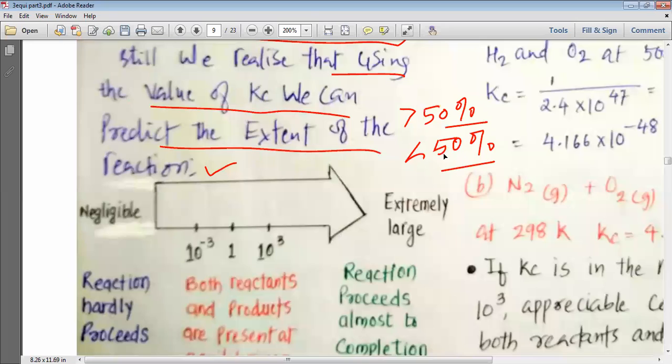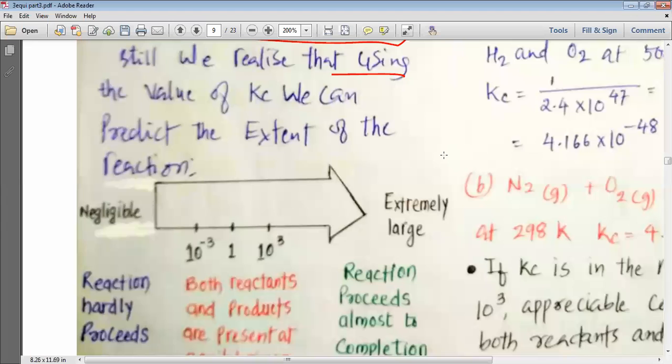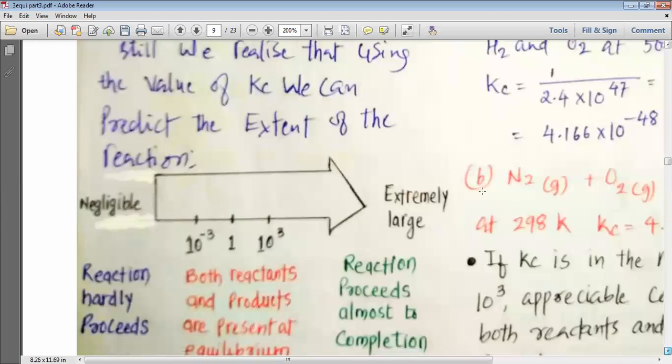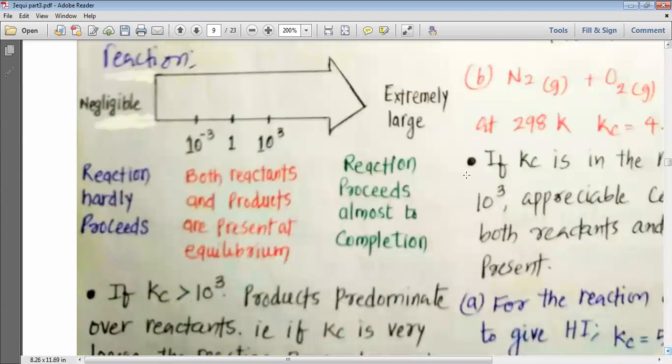So on the basis of the value of Kc, we can determine to what extent the reaction has proceeded. Now if you look into this picture, you will realize that this is the forward reaction, my dear students, and this is where we represent the value of Kc.